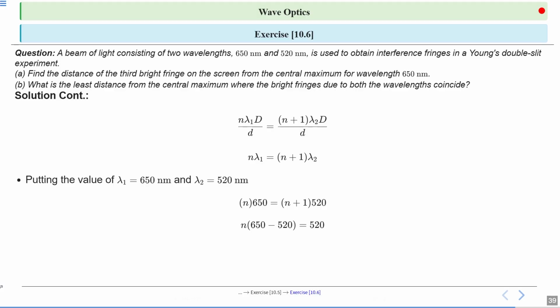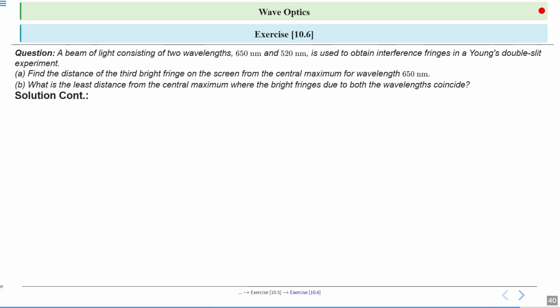We bring the 520n to the left side, so it becomes 650n minus 520n. n will be taken common, so n times 650 minus 520 equals 520. After simplifying by dividing, n equals 520 upon 130. And we found the value of n. So n will be equal to 4.